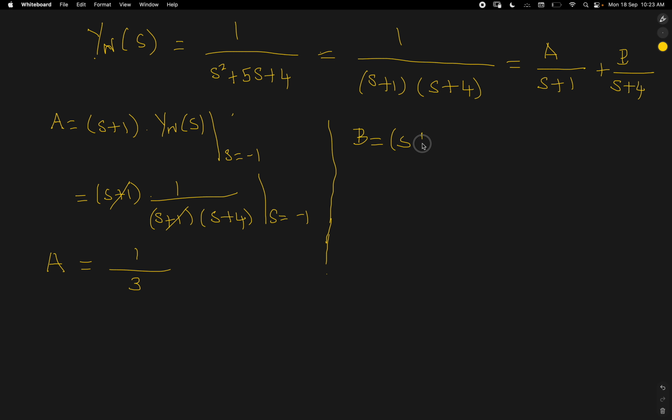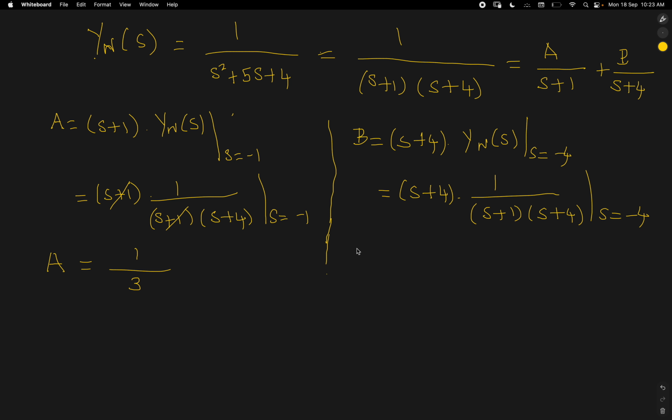So s plus 4 into Yn of s, if s is equal to minus 4: s plus 4 into 1 divided by s plus 1 into s plus 4, where s is equal to minus 4.